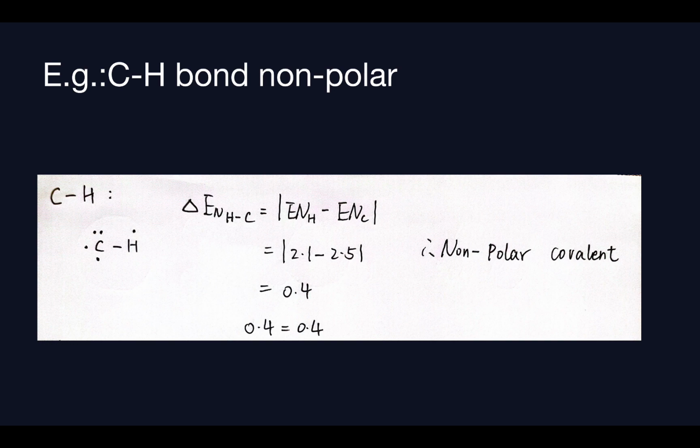The difference is negative 0.4, but we need to use the absolute value, so it's positive 0.4. Because the limit is 0.4, this difference between H and C does not exceed the limit. So it's actually a nonpolar covalent compound.